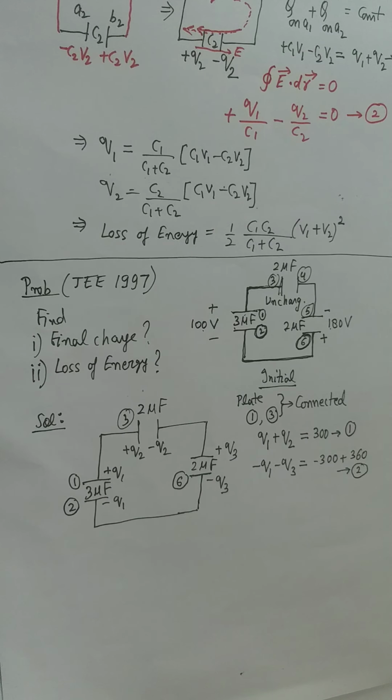Notice that we have three variables, Q1, Q2 and Q3. We have obtained two equations by conservation of charge. You can think of getting one more equation by conservation of charge of plate 4 and plate 5. But by following conservation of charge of plate 4 and plate 5, you will not get any independent equation.